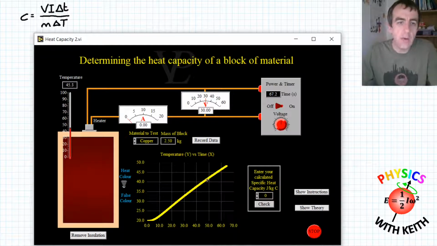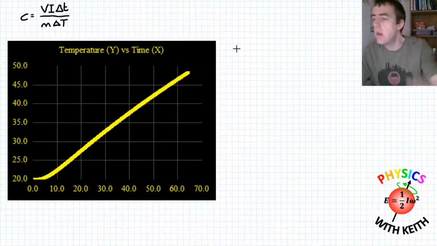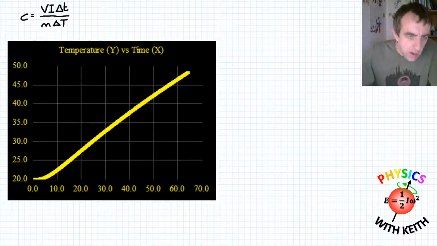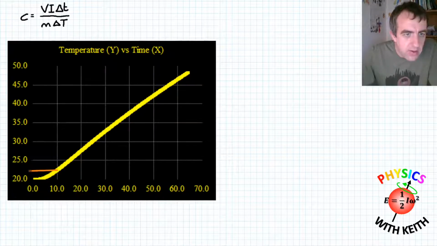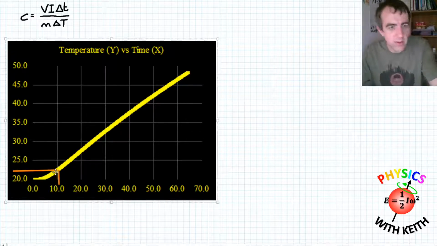So now I want to use this graph. I'm going to find the gradient of this graph. Unfortunately, the line is a bit thick, so this is going to be quite difficult to do accurately. But let's take this point down here where the line starts appearing to be a straight line. And if I take those 2 points, let's move this one to the left slightly.